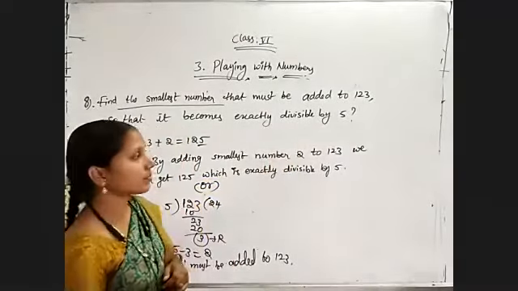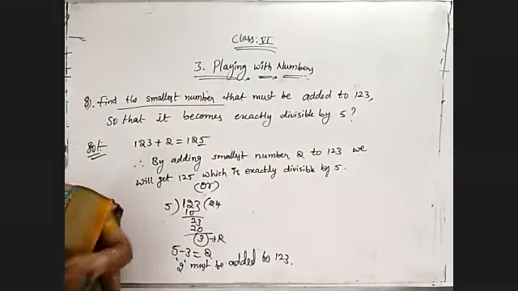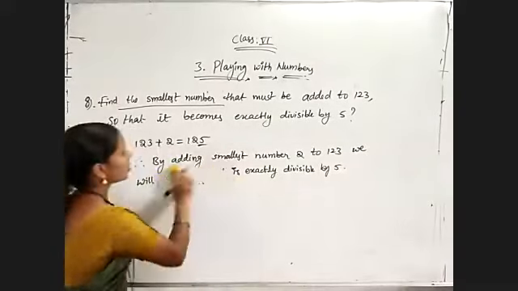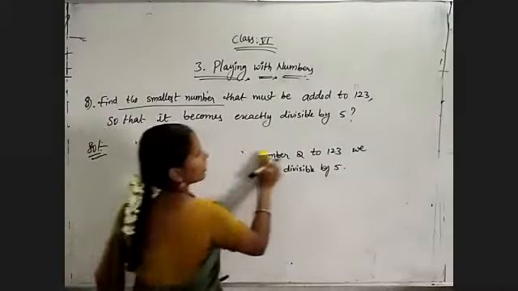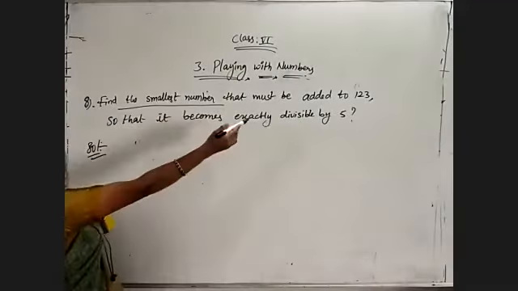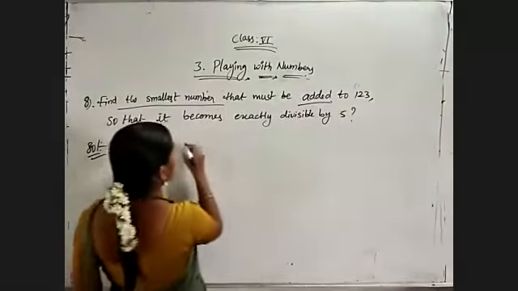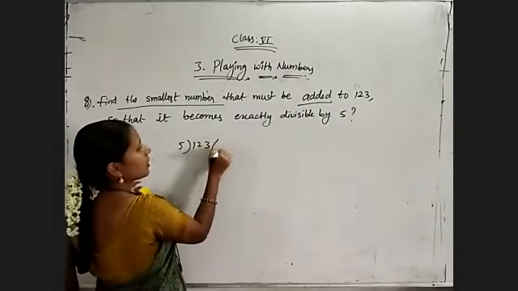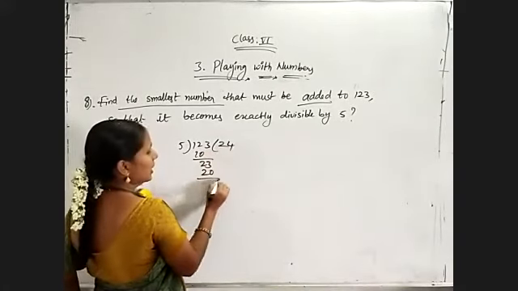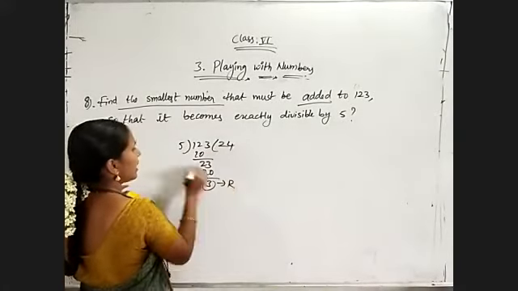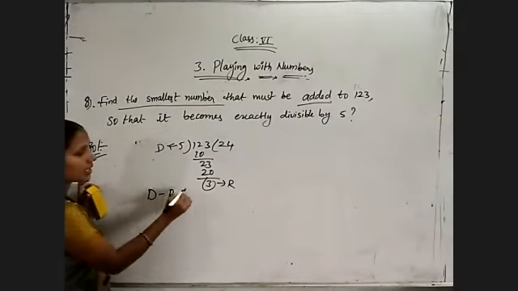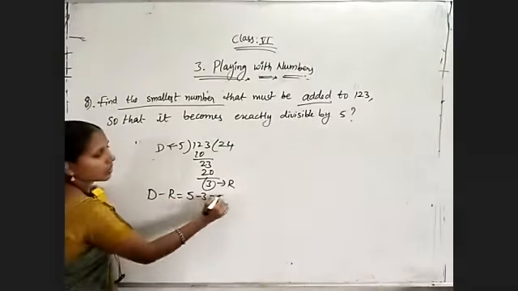Once again, either we can write directly or we can go through the division method. Whenever they are asking for addition, 5 twos are 10, 5 fours are 20, and the remainder is 3, and 5 is the divisor. What is the difference between divisor and remainder? Take 5 minus 3, which is equal to 2.